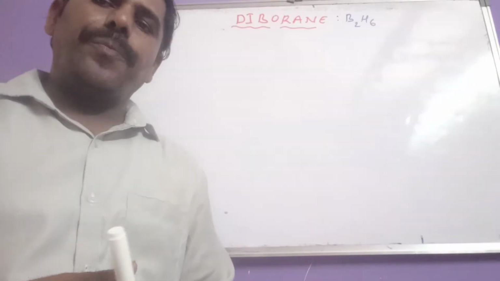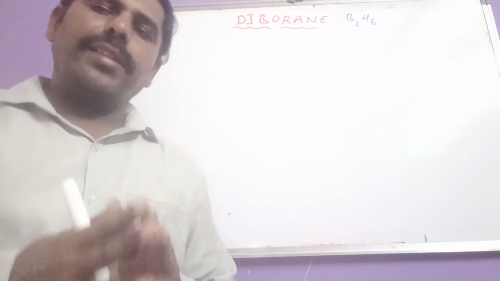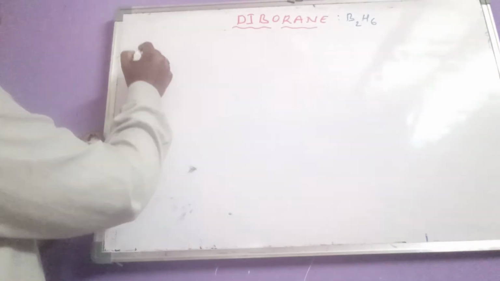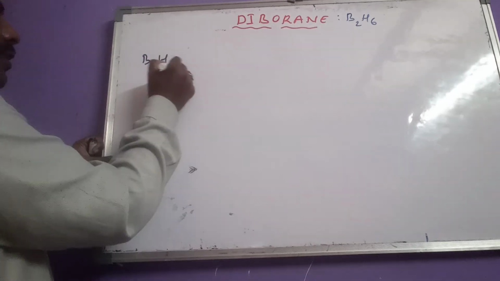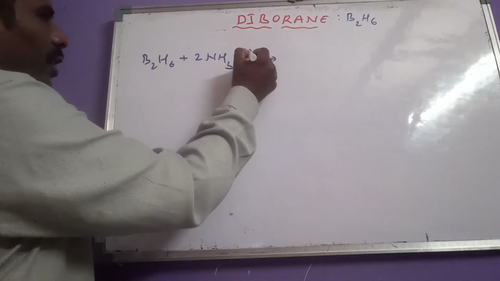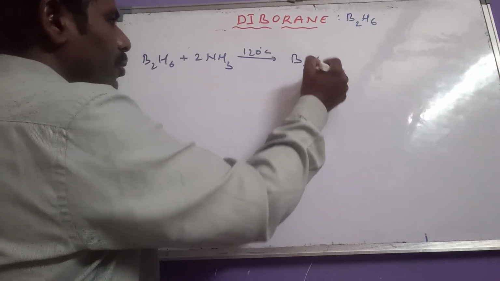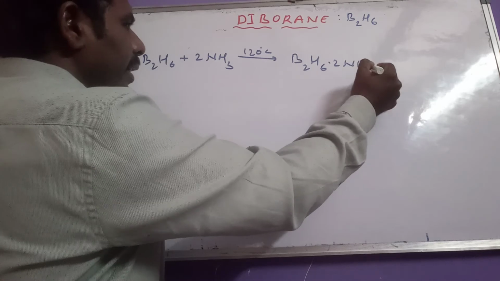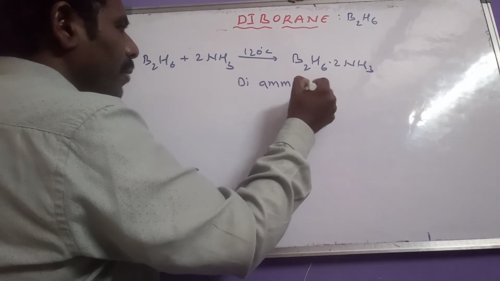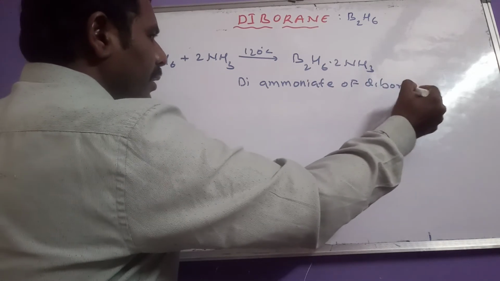Now another one, the most important one, reaction with ammonia. When diborane reacts with 2 moles of ammonia at 120 degrees centigrade, this gives B2H6.2NH3. It is known as diammoniate of diborane.